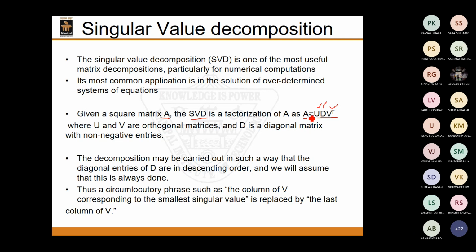By being able to factorize A as U D V transpose, when we are trying to find a minimization problem, or a least square estimation problem, etc., the calculations become easier, right? So singular value decomposition is basically trying to factorize A in such a form, that is a product of the orthogonal matrices along with the diagonal matrix.